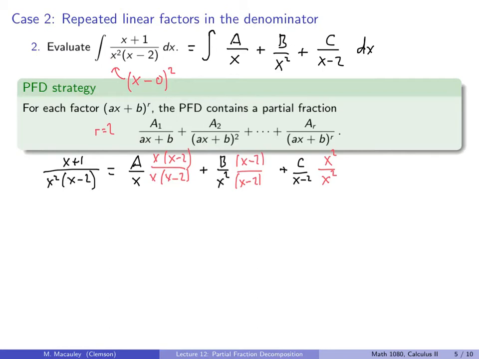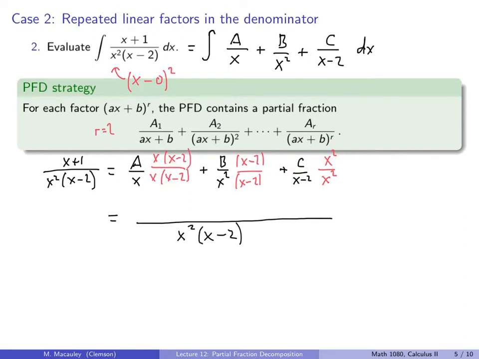This right-hand side now, I'm going to write as a big fraction. On the bottom, of course, is going to be x squared times x minus 2. And on the top, it's going to be a polynomial in x, with at most x squared.